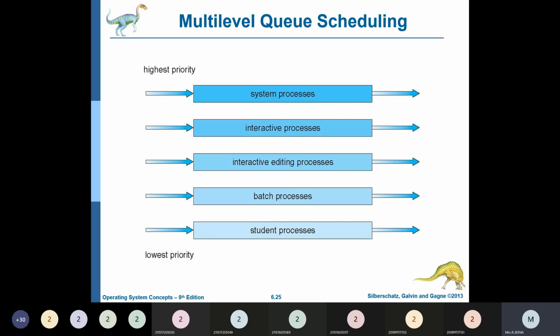When the system queue becomes empty, the interactive process starts its work. The same way, when the interactive queue becomes empty, the interactive editing process starts its work. So the procedure is, when the highest priority queue gets empty, then the next is started.